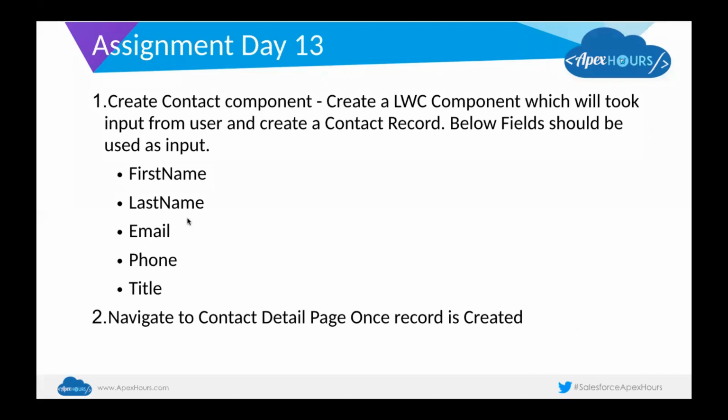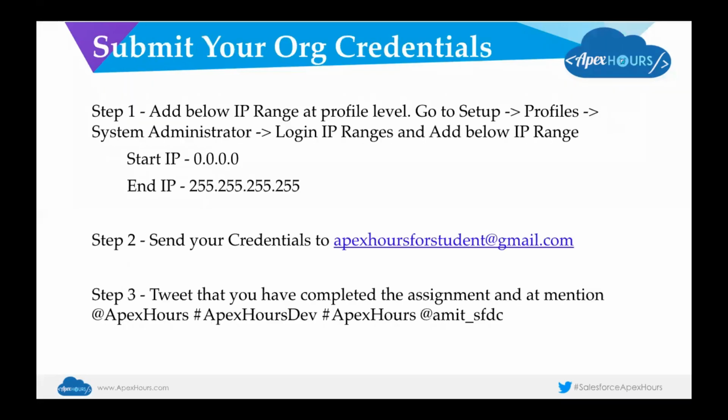After you are done, here is how you can share your credentials with us, and what you need to do so that we don't get any verification code while trying to access your environments: just add the below IP ranges at a profile level. For that, navigate to setup, find profiles, and go to the system administrator profile.